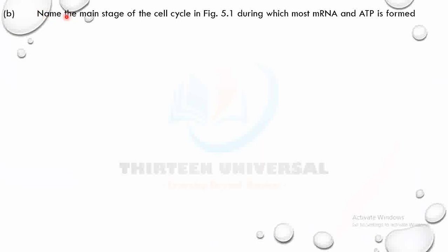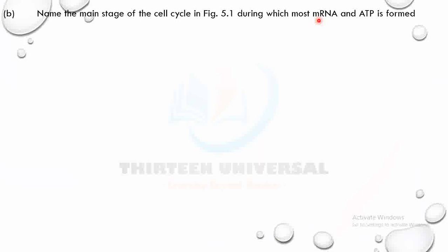Name the main stages of cell cycle in Fig 5.1 during which most mRNA and ATP is formed. So what are the stages in cell cycle?